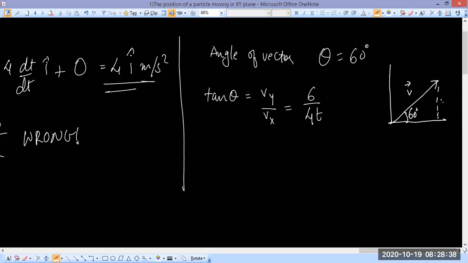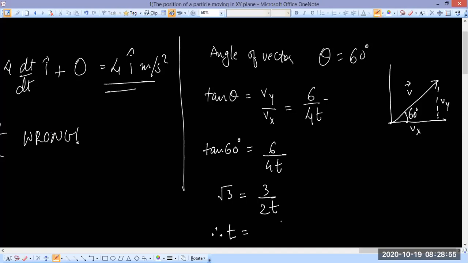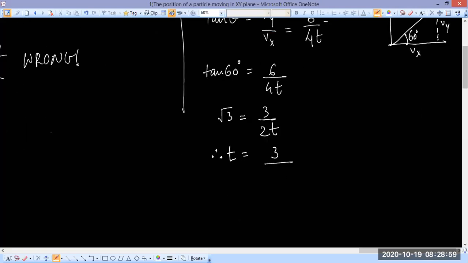So clearly vy upon vx is tan 60, right? But tan 60 degrees is √3. 2 cut kar naikho. So final answer is t is equal to 3 upon 2√3.